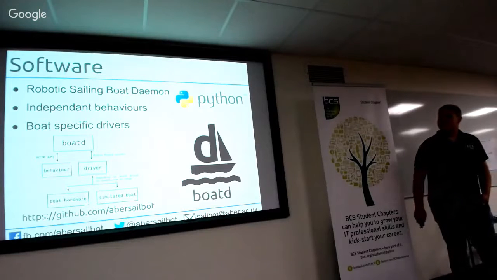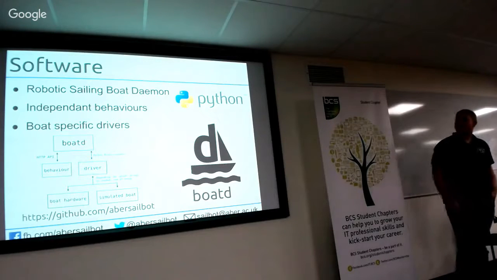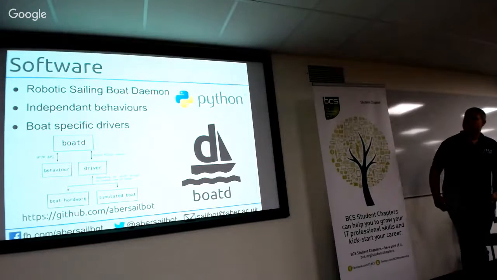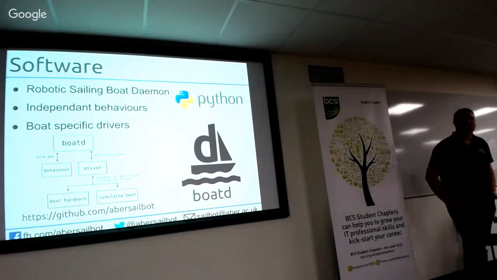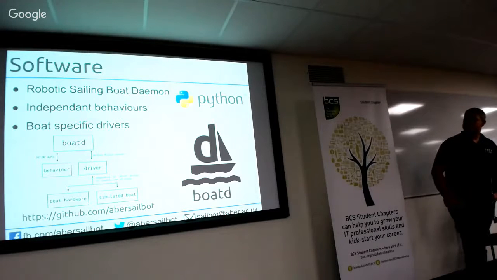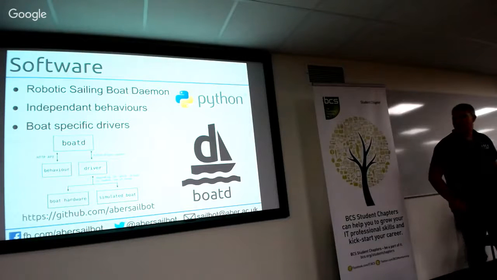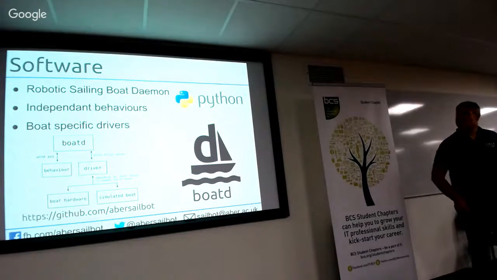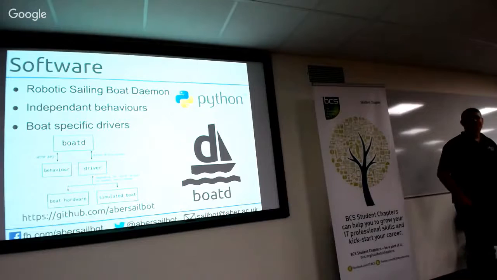As far as software is concerned, more or less everything we've got is running on the Raspberry Pi. We've got an Arduino in there to do the communication, to read from the sensors and write to the servos. Otherwise, we've got BoatD, which was thought up by Louis, who's left now. That's the robotic sailing boat daemon, running in the background, a nice big control-y thing for sailing boats.